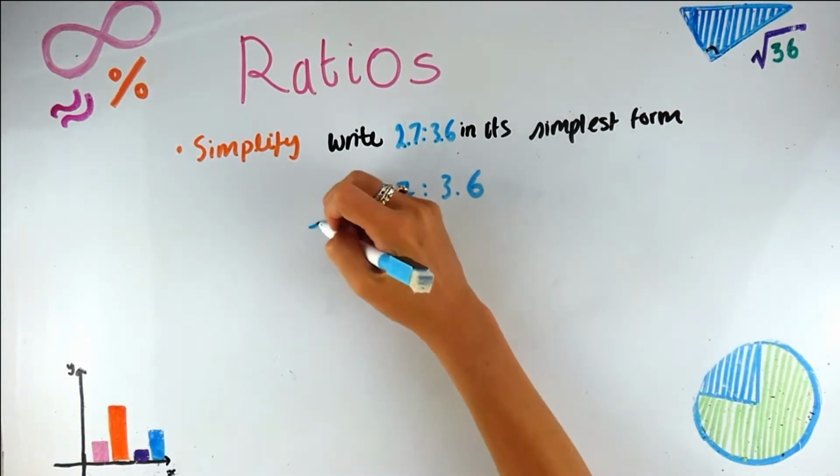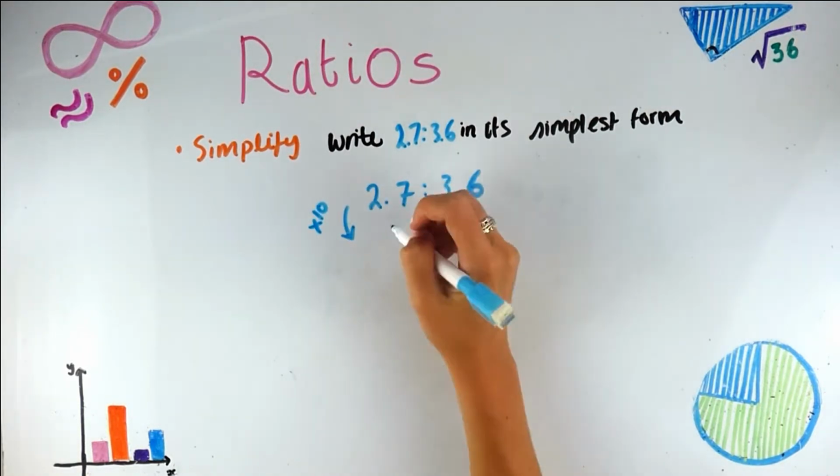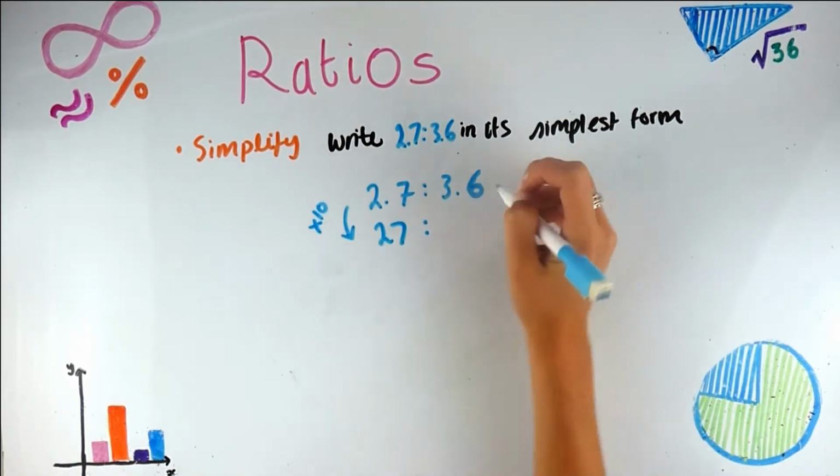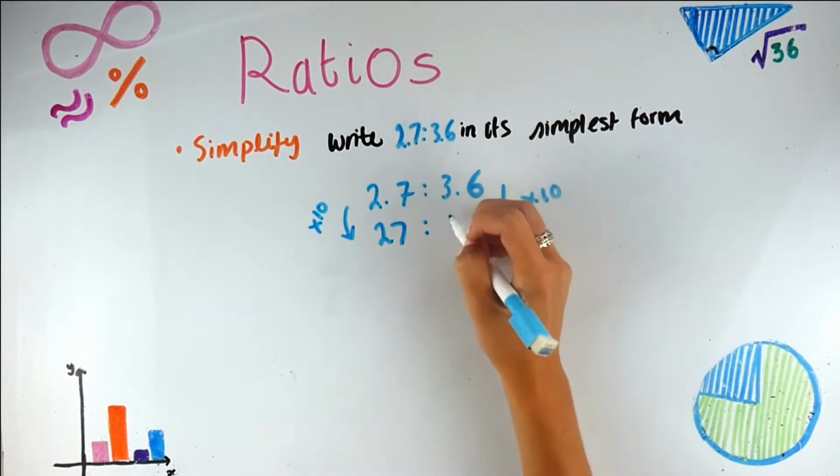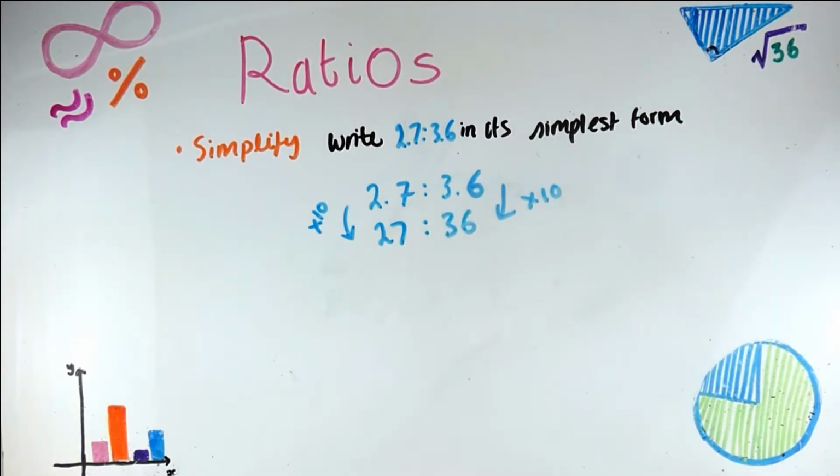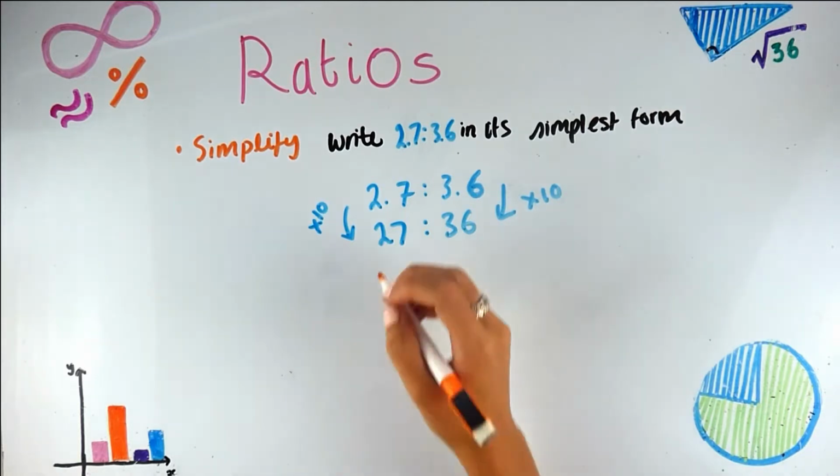So it's just one extra step. I'm going to times by 10, or times by as many as you need to get rid of this decimal point. Do it on both sides. And there we go. We are back to the steps we like and that we're used to. So what goes into 27? Not that much. 1, 27, 9 and 3.